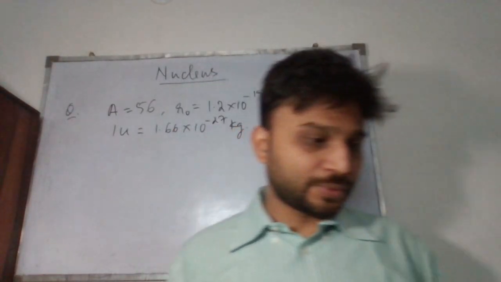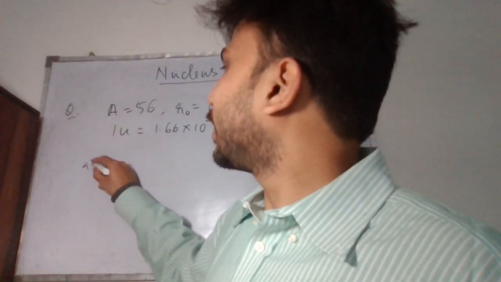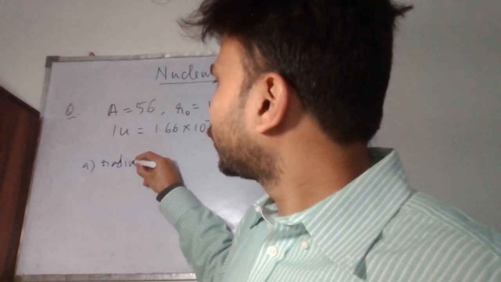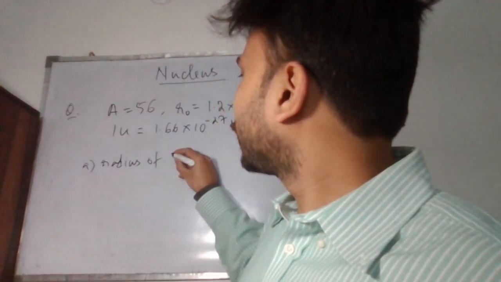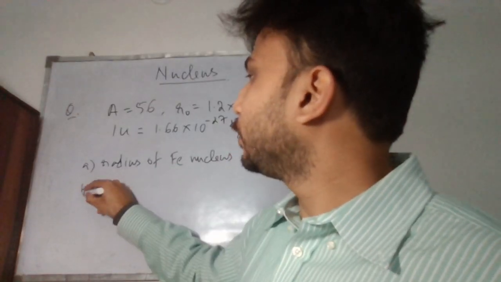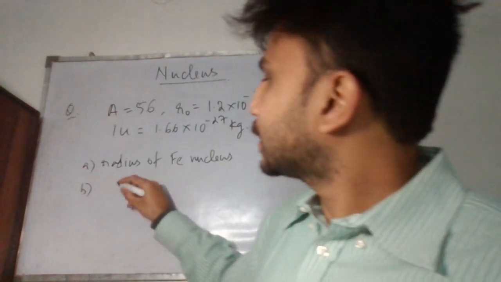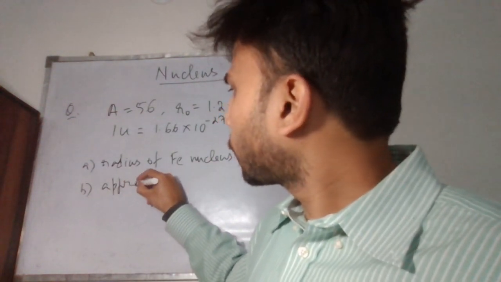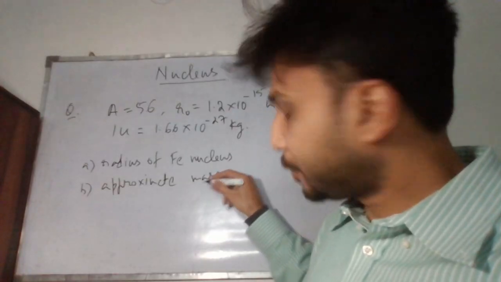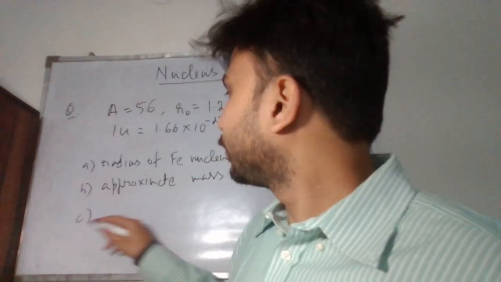Then what is A, the radius of the iron nucleus, B, approximate mass, and approximate density.